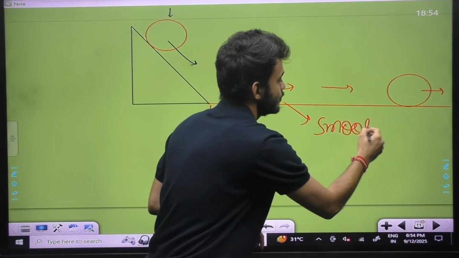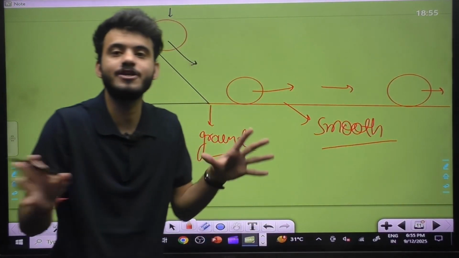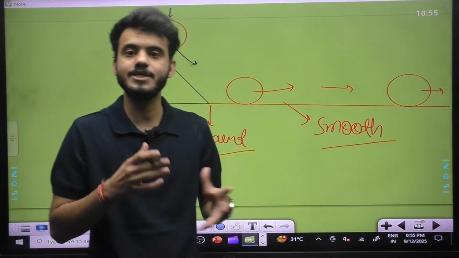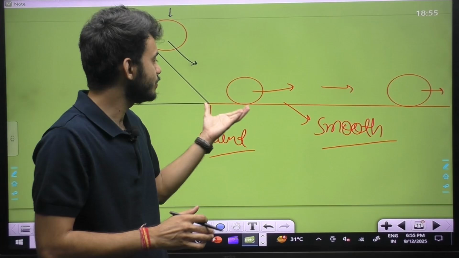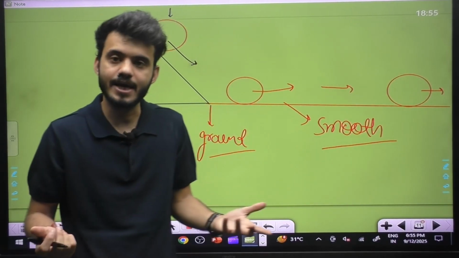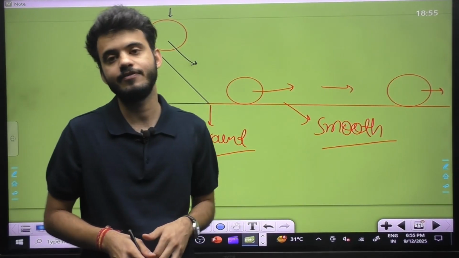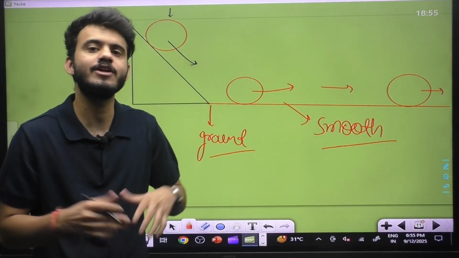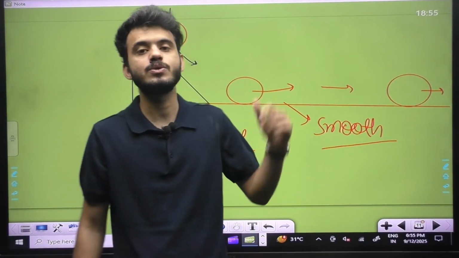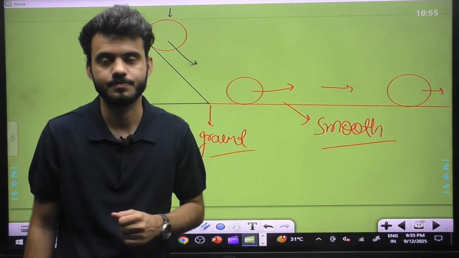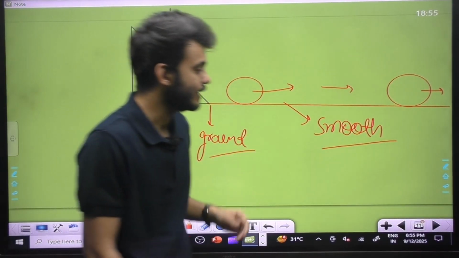Now I hope you understand what smooth is. There is no roughness. Okay, there was a very smooth surface on which the ball was rolling, and you can say that the ball itself had a smooth surface, or even if it doesn't, then at least the ground surface was very smooth. Okay, perfect.